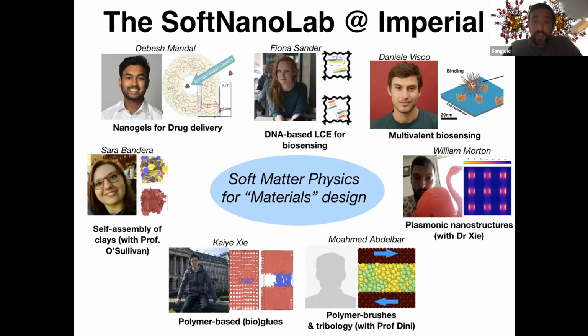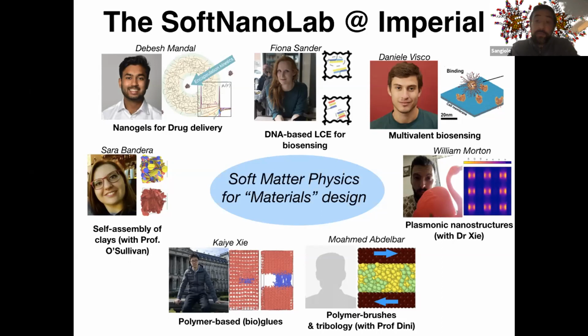And then I have 3 projects that I'm doing in collaboration with other professors and lecturers here at Imperial. First, we're looking at the self-assembly of clays with Professor Sullivan in the civil engineering department. This is probably the project in my group that is farthest from materials, but in a certain way, it's still connected to it.